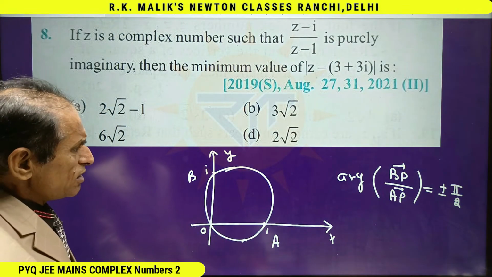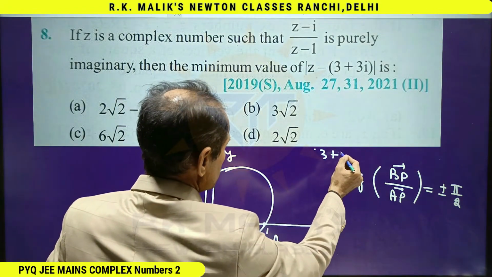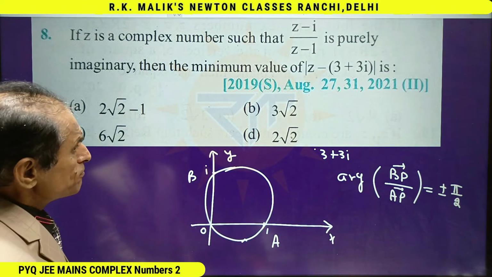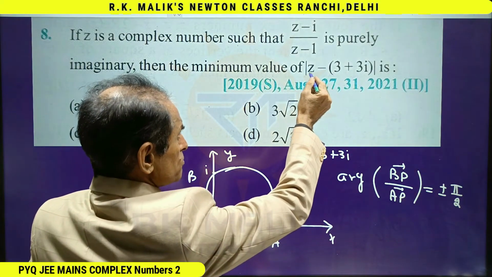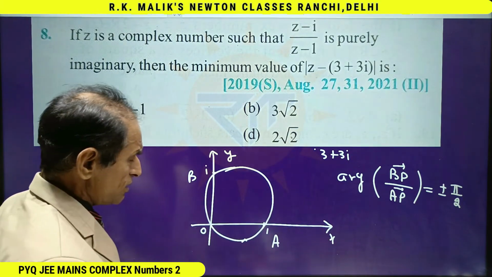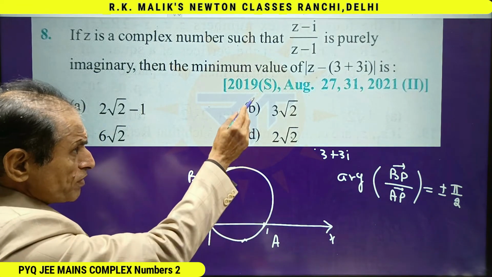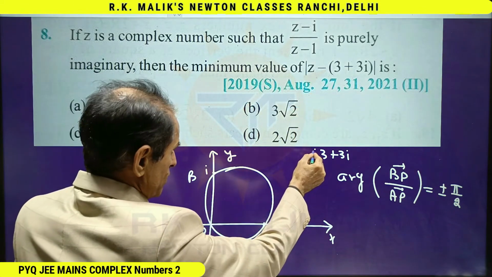And clearly 3 plus 3i will be somewhere here, and you have to find the minimum value of this, meaning the minimum distance between Z and 3 plus 3i, where Z lies anywhere on this. Minimum distance between Z and 3 plus 3i will be there.